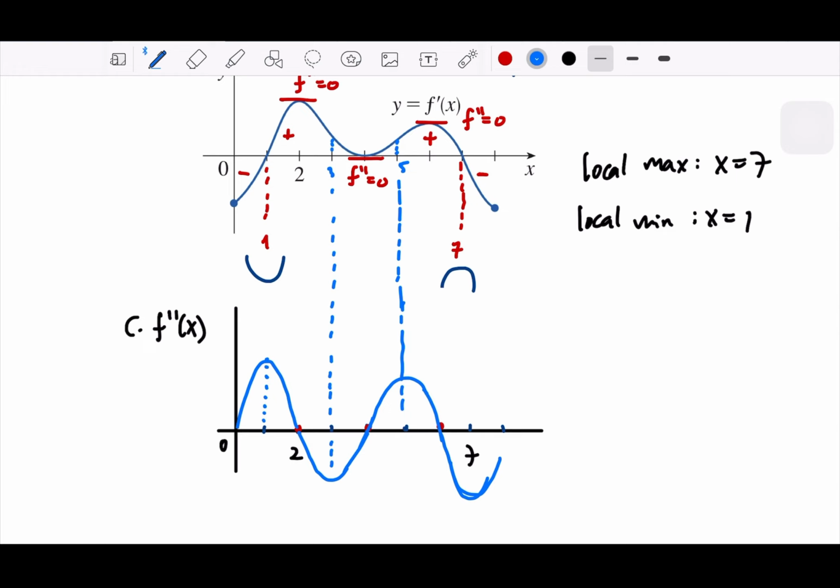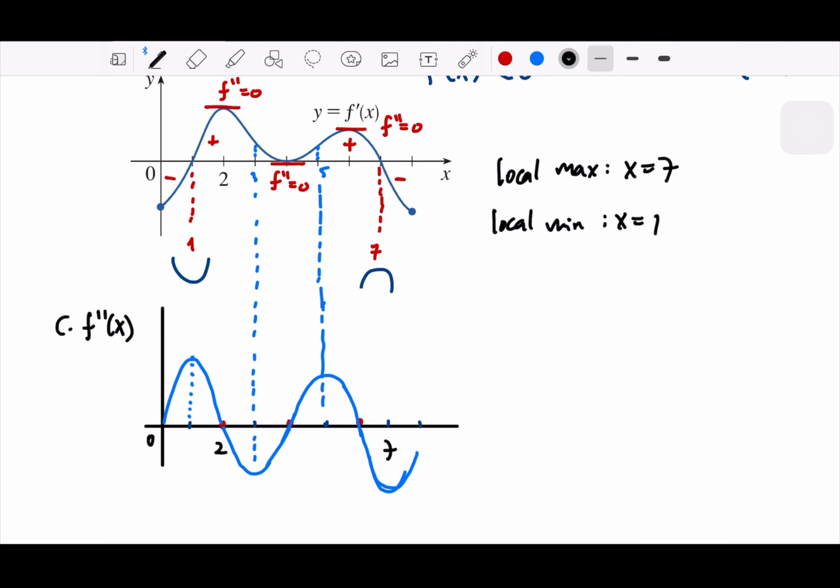So first, let me write here. First, check the slope when slope is equal to 0, and check the inflection point.